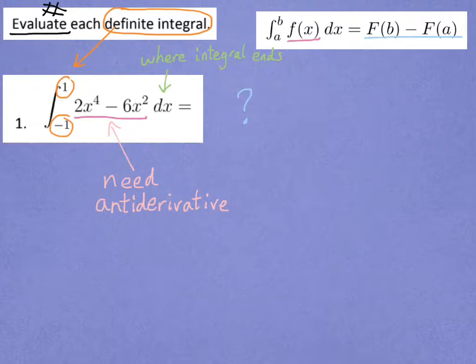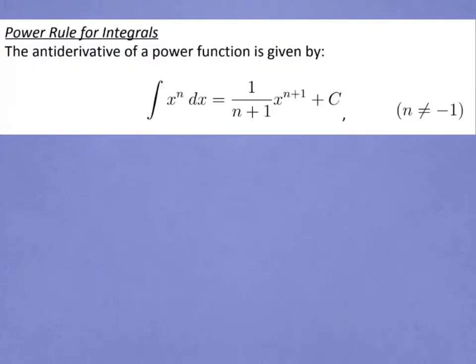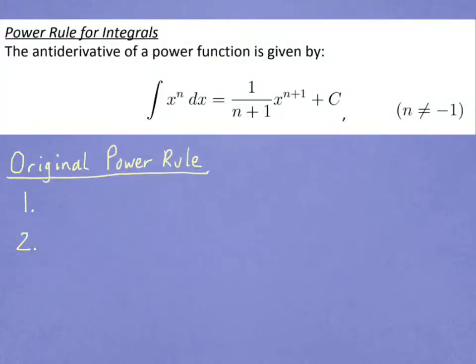Okay, before I answer the question of what that is, and we'll see if you're right, let me show you a general rule that works for these kinds of functions. So what I have here is the power rule adapted for integrals. You may remember the power rule as something we used for differentiation, and the original power rule had two steps.